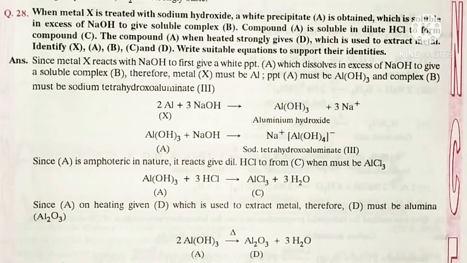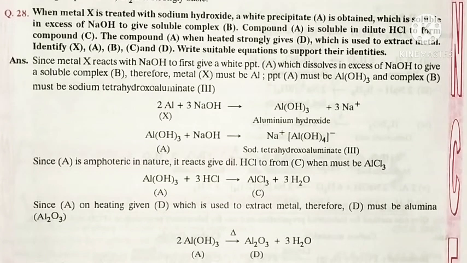So here we already have an idea that X is treated with base as well as acid, so X must be amphoteric in nature, and in this group aluminium is the main element which behaves as amphoteric. The compound A, when heated strongly, gives B, which is used to extract metal. So identify X, A, B, C, D and write the suitable equations to support their identities.